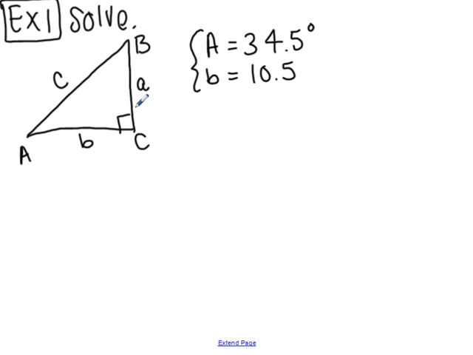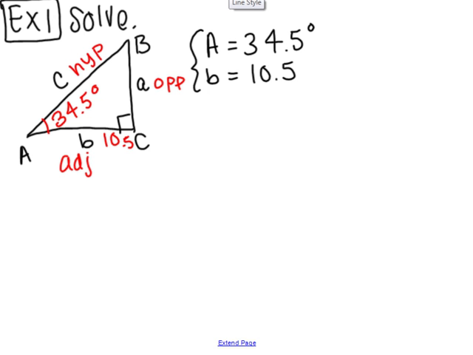In order to solve the rest of the triangle, I'm going to go ahead and label what's given. I'm also going to label my sides. Across from my angle A is my opposite. Touching the angle A is the adjacent. And then across from the right angle is the hypotenuse.